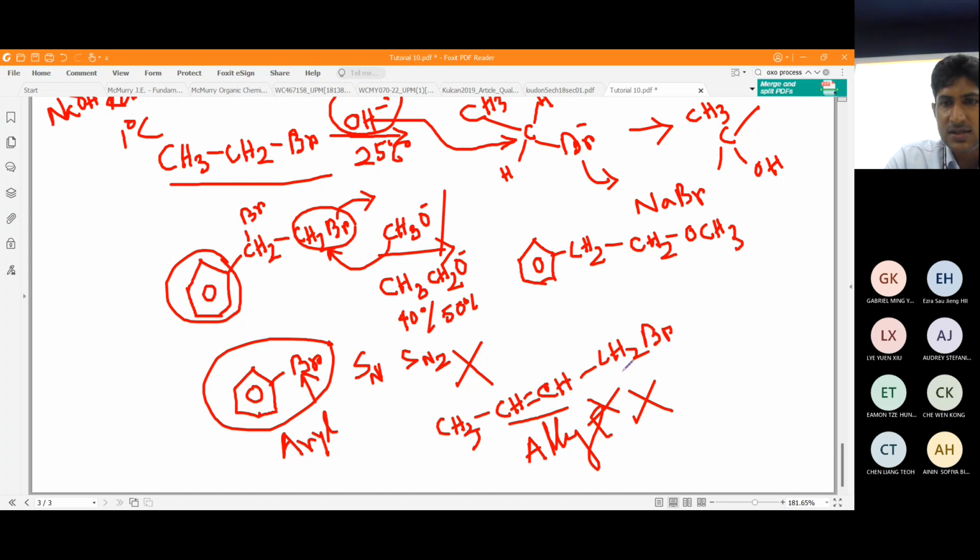This reaction would be possible for this case because this bromine is not directly attached to the double bond carbon. So for this type of reactant, SN2 or SN1 would be possible, right? This is another thing that we should be considering.